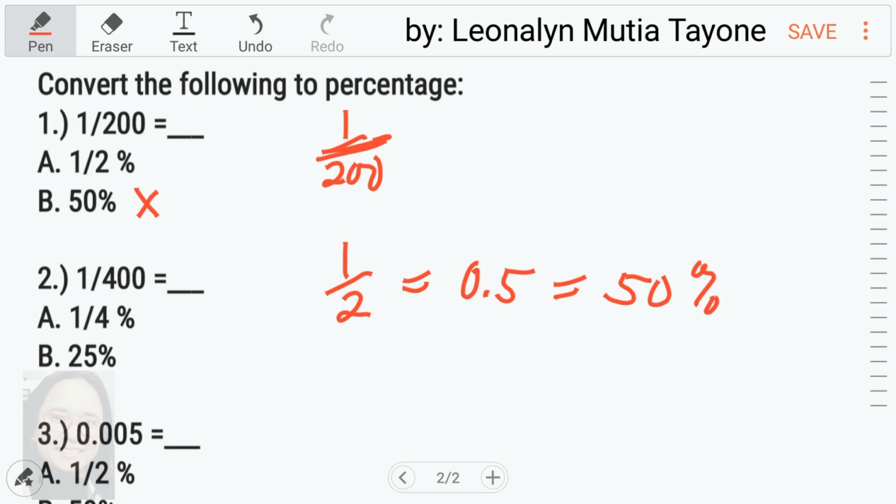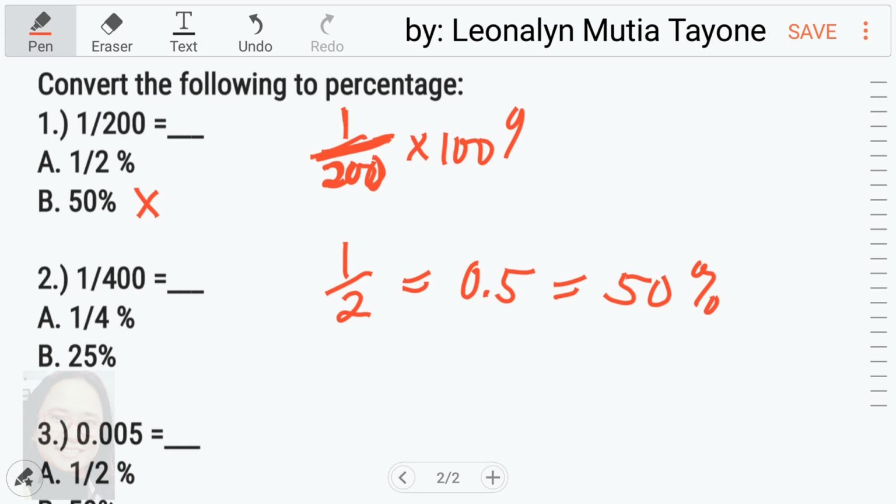What if ang tanong ay 1 over 200? Ang 1 over 200 ay hindi po yan 1/2 or it is not equal to 50%. 1 is not 50% of 200. Now, let's convert this 1 over 200 to percentage. Paano nga tayo mag-convert?